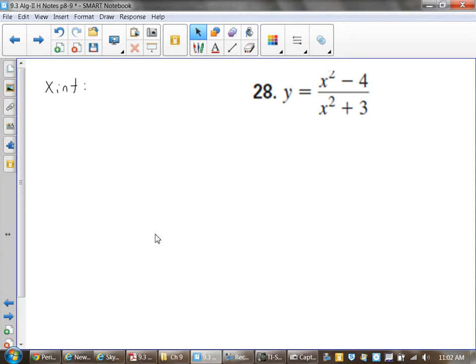Again, what are my x-intercepts on this one? Plus or minus 2, very good. My vertical asymptotes, do we have vertical asymptotes here? Nope. And horizontal asymptotes are? Degrees are the same, do we agree? Yeah.